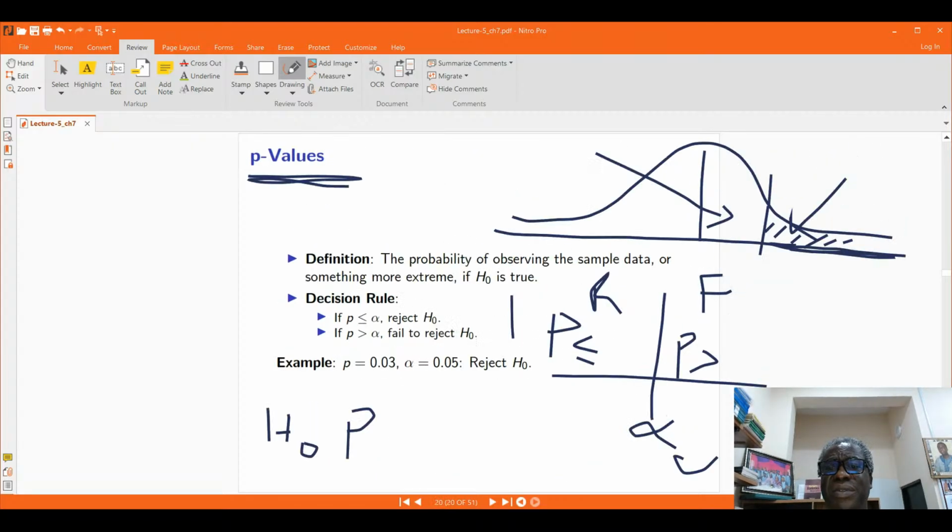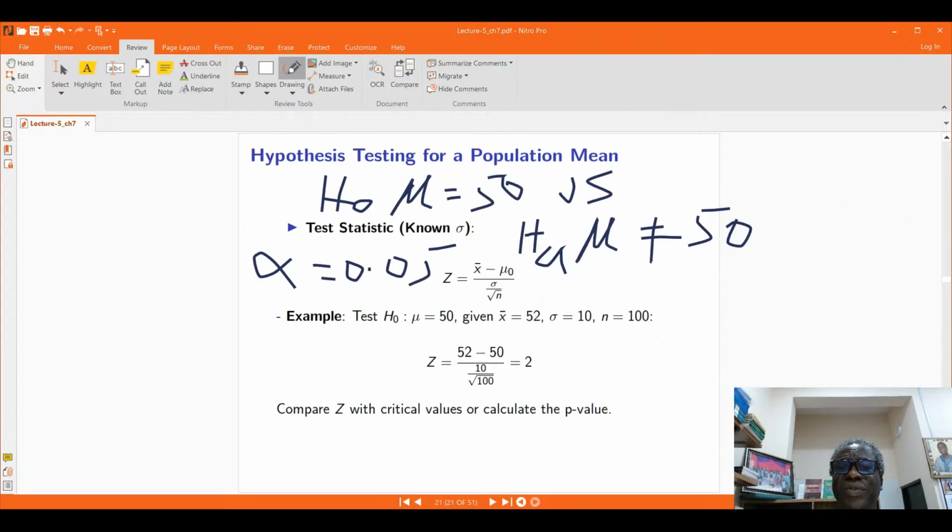So we will now need to use this expression, and we are using this expression because we assume that the population standard deviation is known. Remember, it may not be known, but we will discuss how to handle that later.